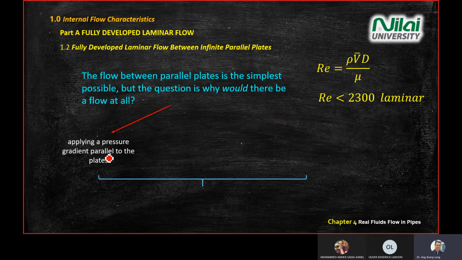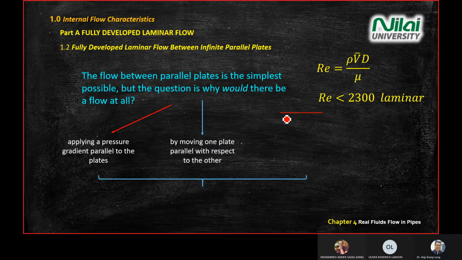So the first is the pressure, which is a pressure gradient, the change of pressure. There's a pressure difference between the left hand side and right hand side, or between both ends of the plate. The second one is you either move. There are two plates, right?